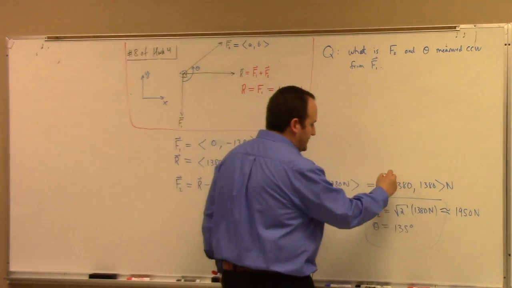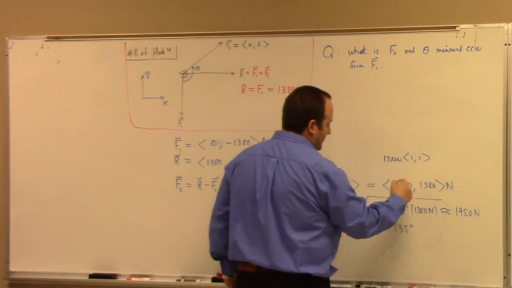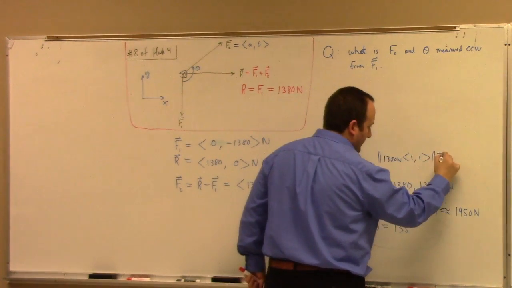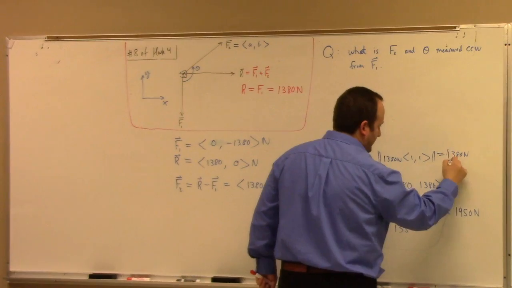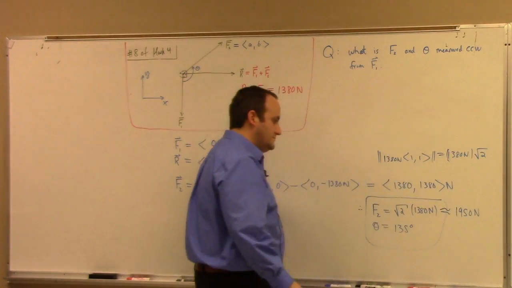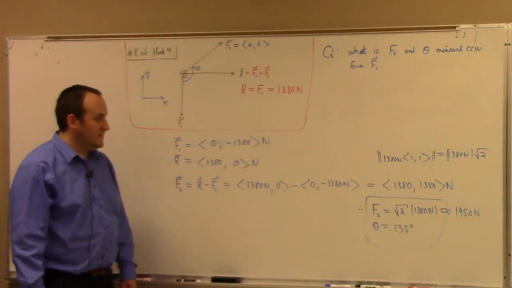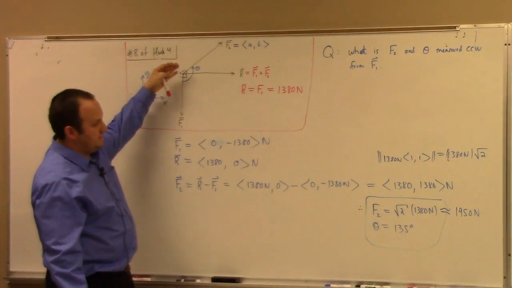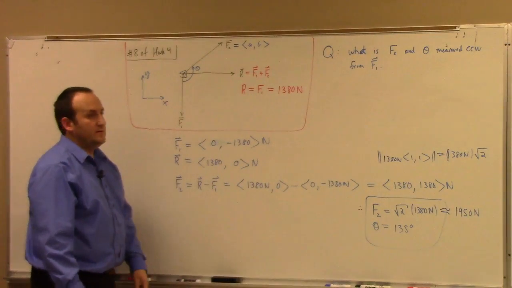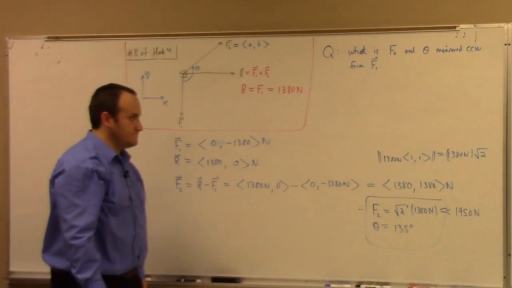Or if you don't like that, we could rewrite this as 1380 times the vector (1, 1), so the length is 1380 newtons times the length of that vector, which is clearly the square root of 2. Anyway, you calculate the length of the vector however you want. How did I know that was 135 degrees? Well, that's 45 degrees, so got 45 this way, and then another 90 down here, 135.